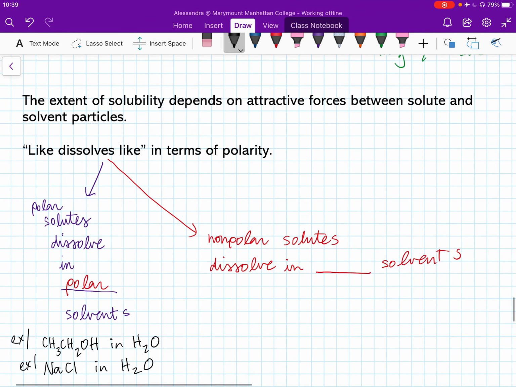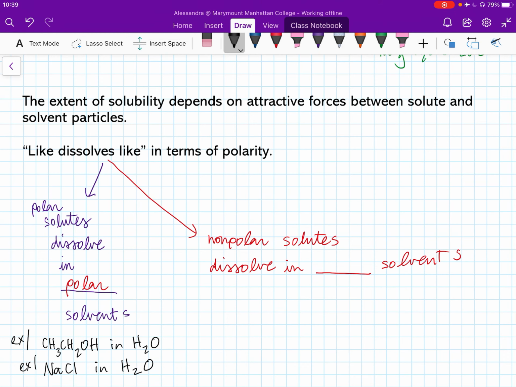Conversely, nonpolar solutes dissolve in nonpolar solvents. Let me give you an example of that. Hydrocarbons, for example, will dissolve in each other. So C5H12, this is pentane, will dissolve in hexane. Okay, you could say hexane will dissolve in pentane, either way.